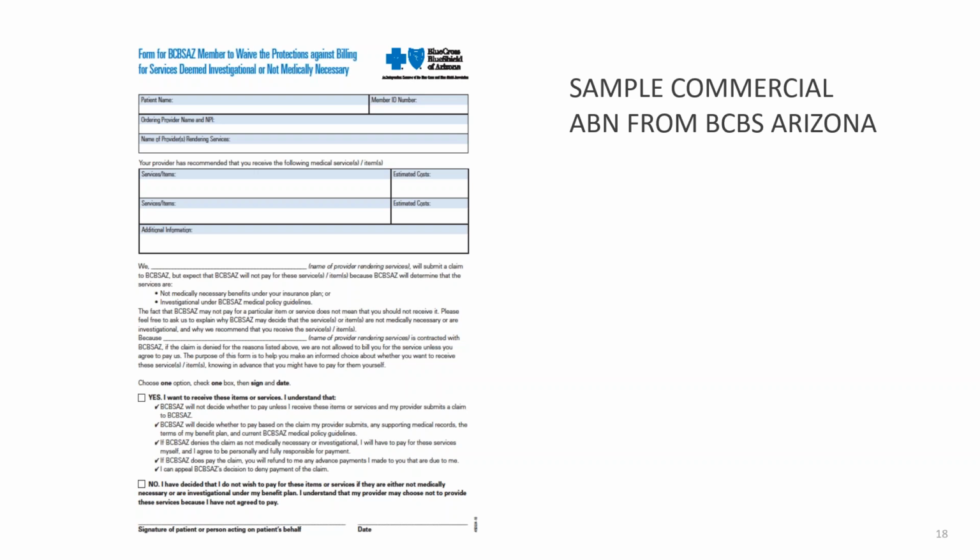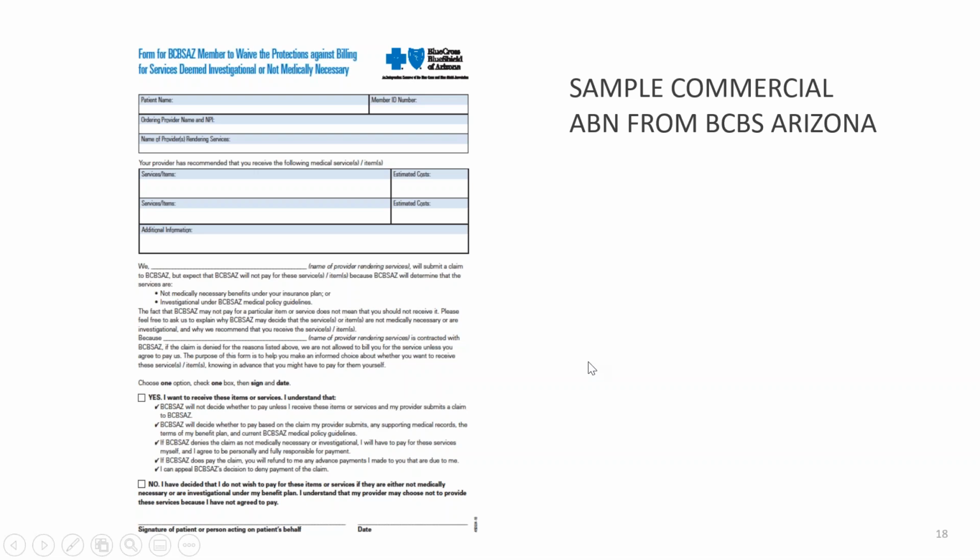Unless you use their form, it's invalid and you would be required under your contract to write off those services that they don't pay for. So that's how important it is for you to try to find the payer's forms. Now, not all payers have these payer-specific advanced beneficiary notices, but you have to go and look for them first.